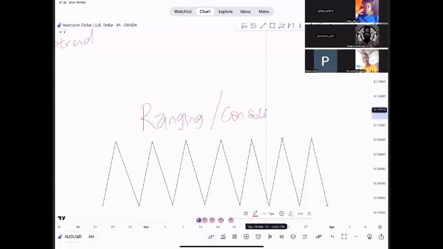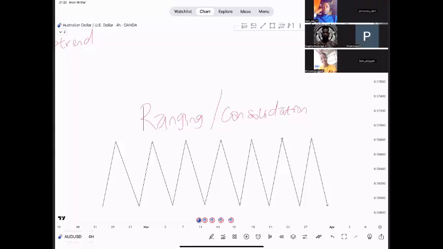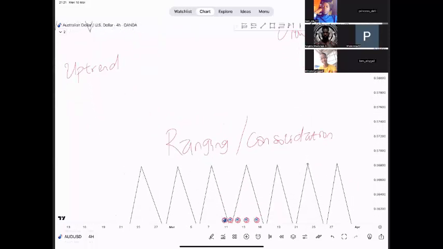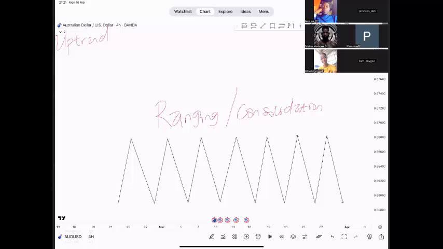You can remember this one as, if you call it a consolidation market structure, whoever you're talking to should understand. If you say ranging market structure, they would still understand. So we have an uptrend, a downtrend, and a consolidation market structure. Now let me explain these things properly.